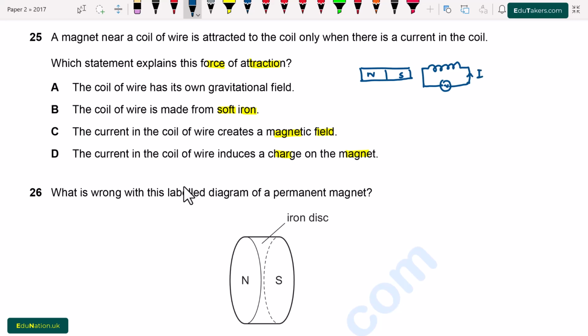When the current is passing through this coil, there will be the creation of a magnetic field. So this magnetic field also passes through the bar magnet, due to which there is an attraction between both of these. It means that the current in the coil creates a magnetic field. So option C is correct.